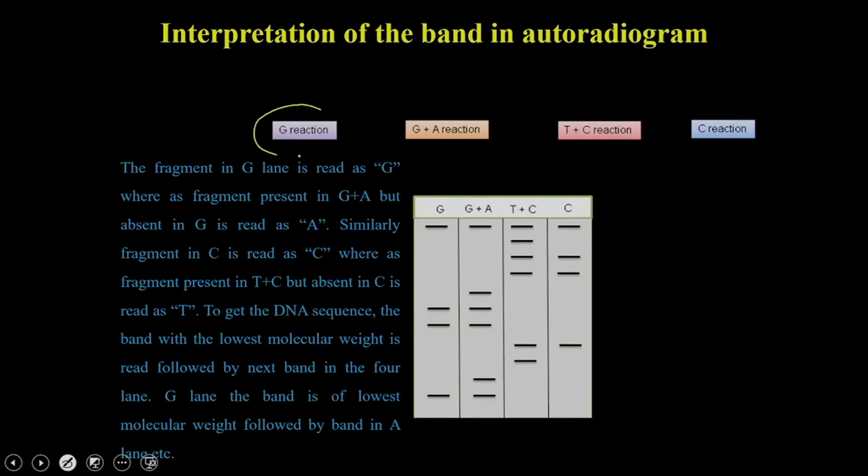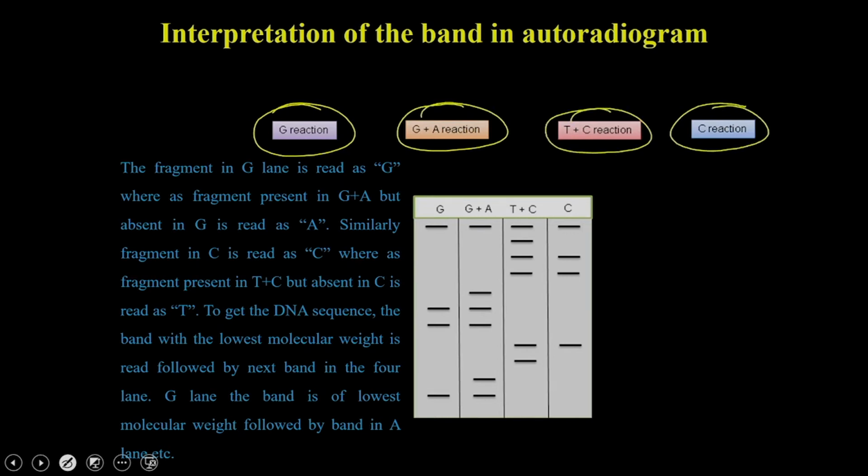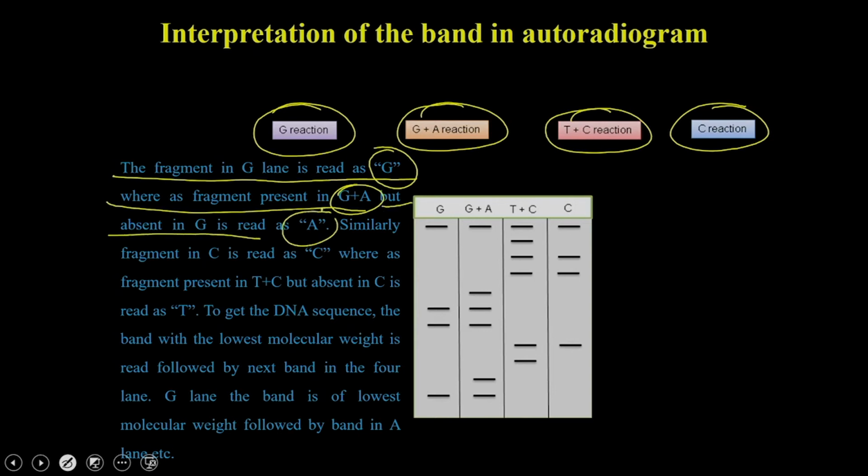Now, you have the G reaction, G plus A reaction, T plus C reaction, and the C reaction. The fragment in the G lane is read as G, whereas the fragment present in G plus A but absent in G is read as A. So all these 4 reactions are analyzed on a polyacrylamide gel.